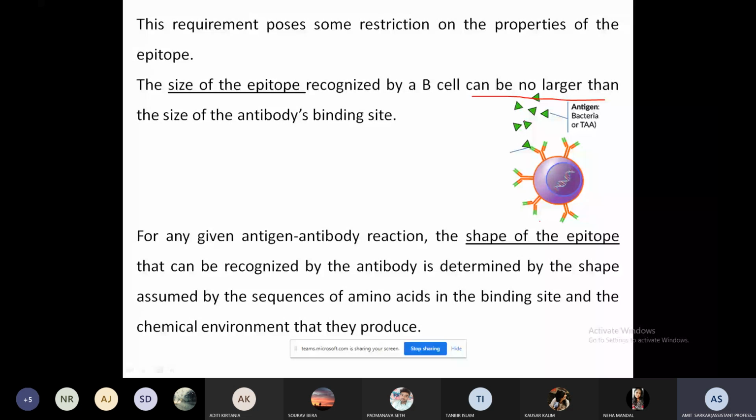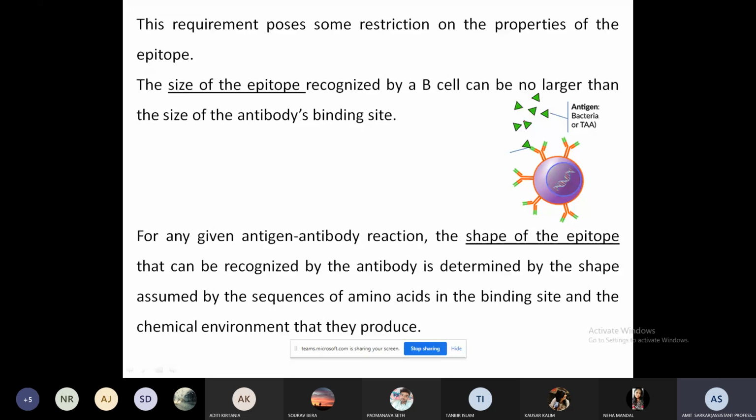Now, for any given antigen-antibody reaction, you understand that in our immune system, antigen and antibody are always reacting to each other. For any given antibody-antigen reaction, the shape of the epitope that can be recognized by the antibody is determined by the shape assumed by the sequence of amino acids in the binding site and the chemical environment they produce.